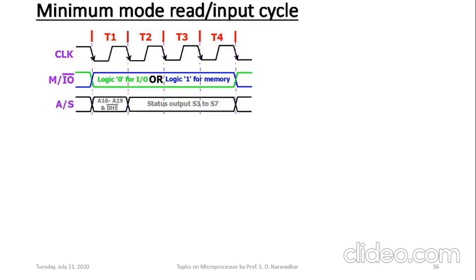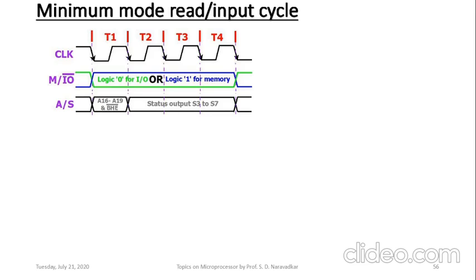Then next will be the address status signals here. These are multiplexed address status signals, and these are basically 5 lines: A16 to A19 and BHE bar signal, which are multiplexed with S3 to S7 status signals.